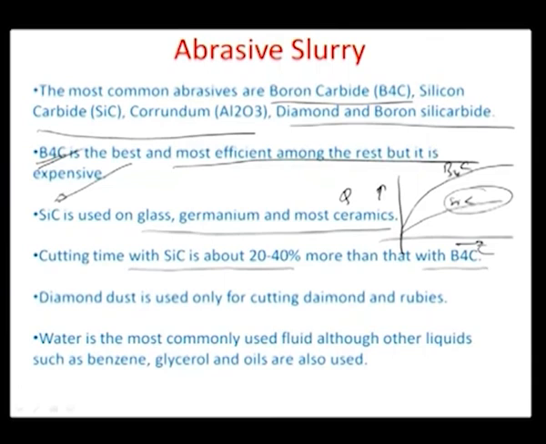If you talk about cutting diamond, then of course diamond dust is the only material which can be used, particularly for cutting diamond or rubies or jewels, so diamond dust is another kind of abrasive which can be used for the USM process. And when we talk about the fluid, most of the suspensions are made in water, so the slurry contains water as the other part, along with the abrasive, or sometimes other liquids like benzene or glycerol or oils are used, which makes the viscosity slightly go up.